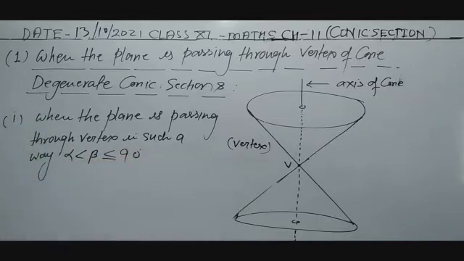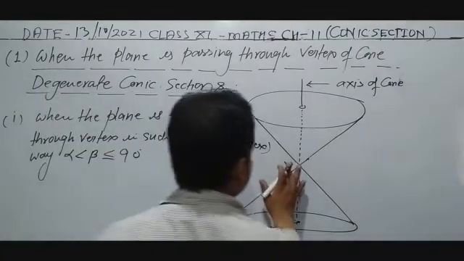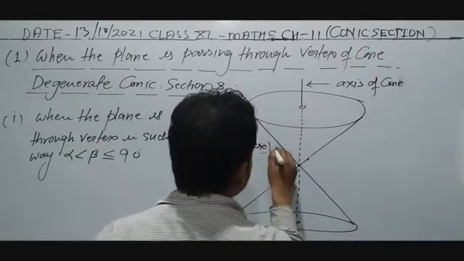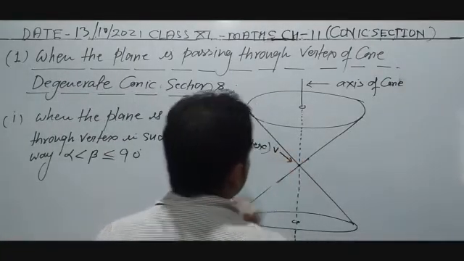Suppose we have taken the condition beta is greater than alpha and less than or equal to 90. So this is the vertex, you know, this is the point vertex.